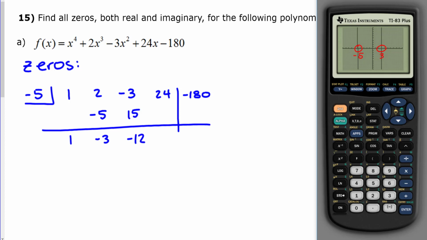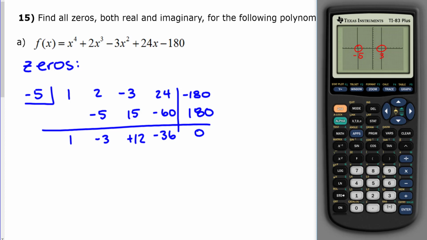Oh, I'm sorry, this is a +12. And then -5 times +12 is -60. When I add those two together, -36. And then -5 times -36 is +180, which means my remainder is 0.